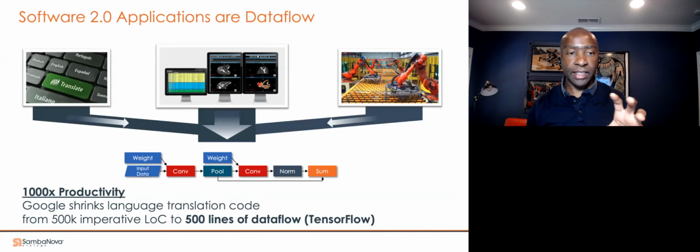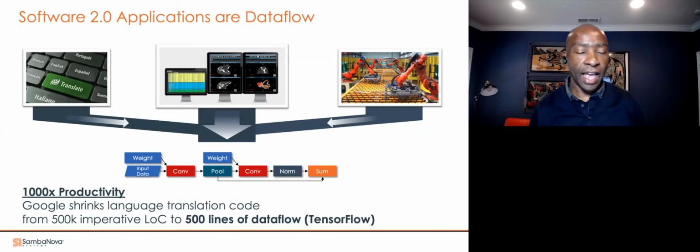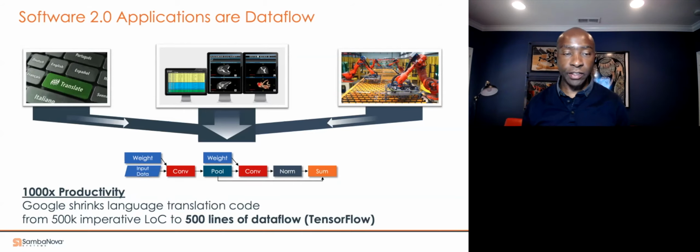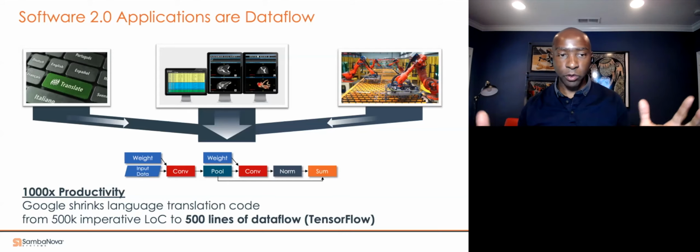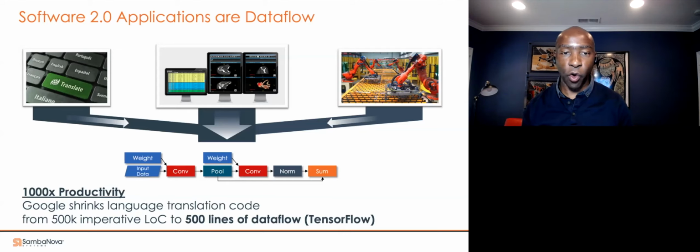And so you think about how these neural networks look, and what you get is a data flow representation, right? Where you've got different kernels, in this case, a vision model composed of convolution, pools, and norms and some other kernels. And what you get is a dramatic decrease in the amount of code that's required. In this example, Google shrank their language code from 500,000 lines of C++ to 500 lines of Dataflow code in the form of TensorFlow.